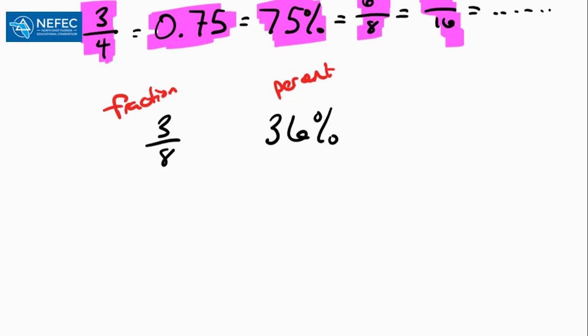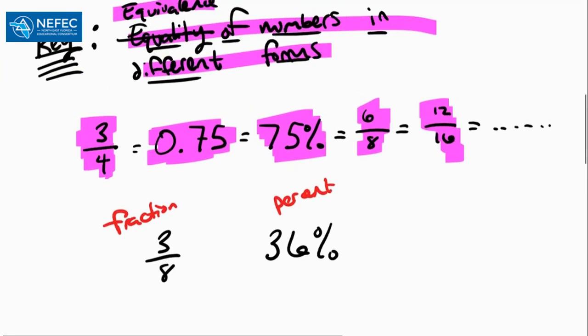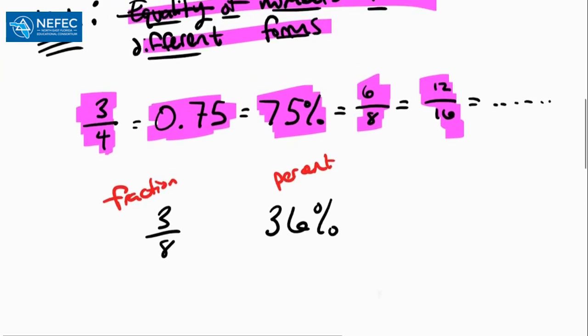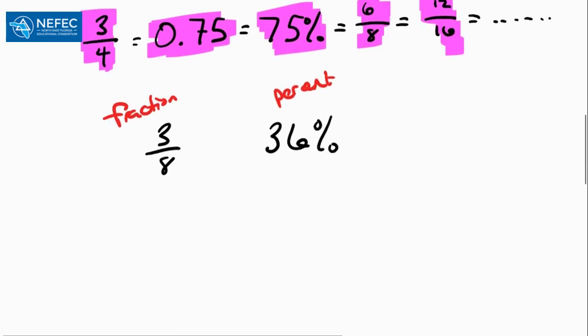So that's exactly what we want to be able to do. We want to understand equivalence of numbers in different forms, but with that understanding, what we're going to actually do is convert numbers into different forms.